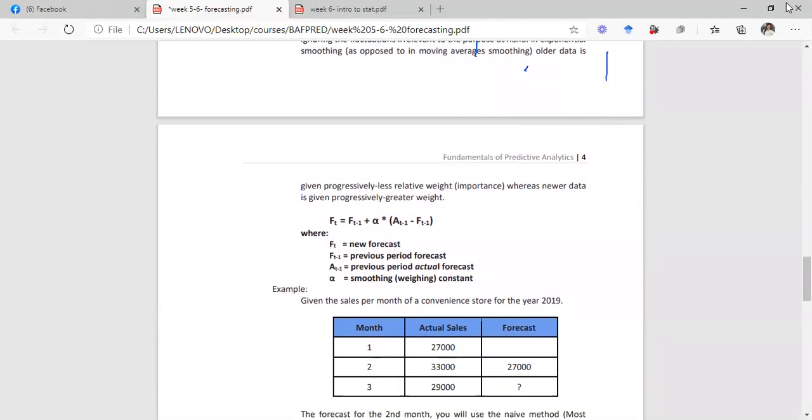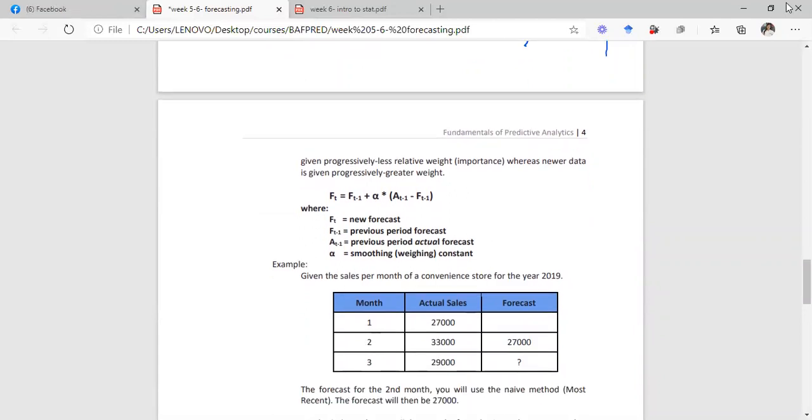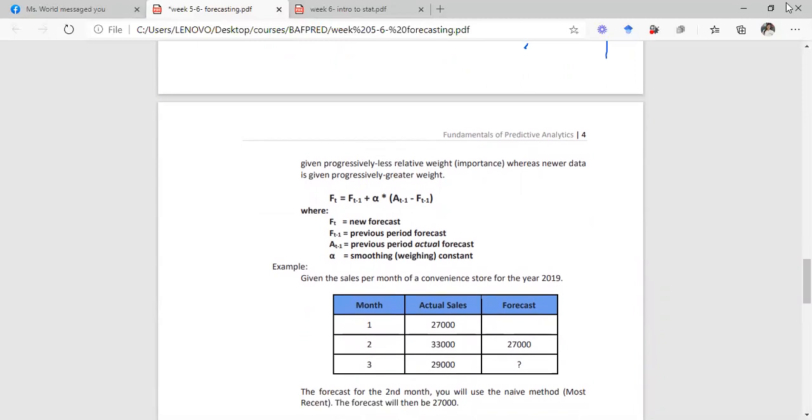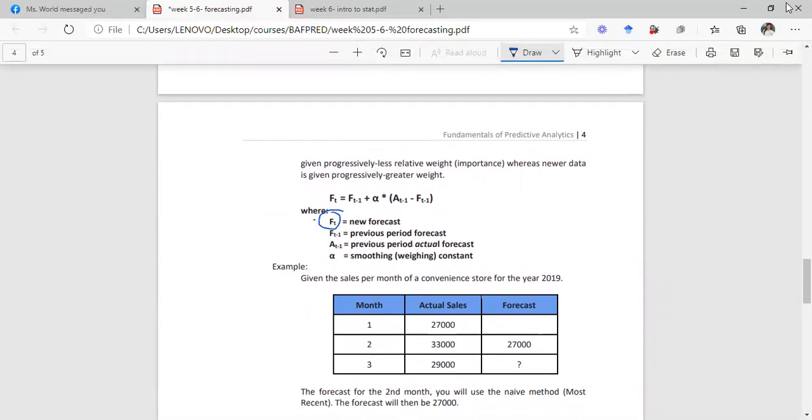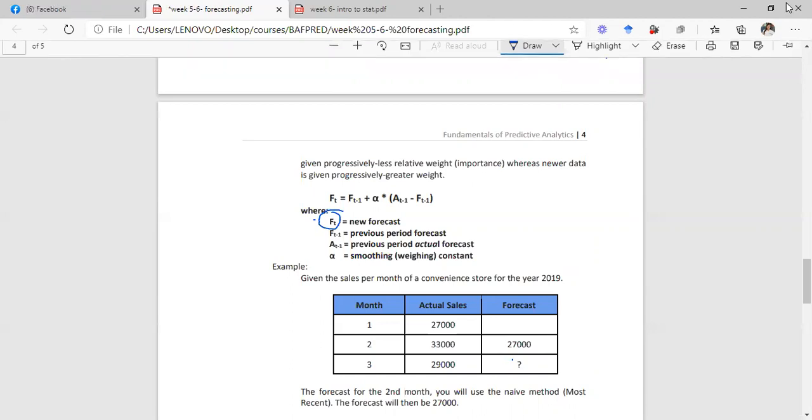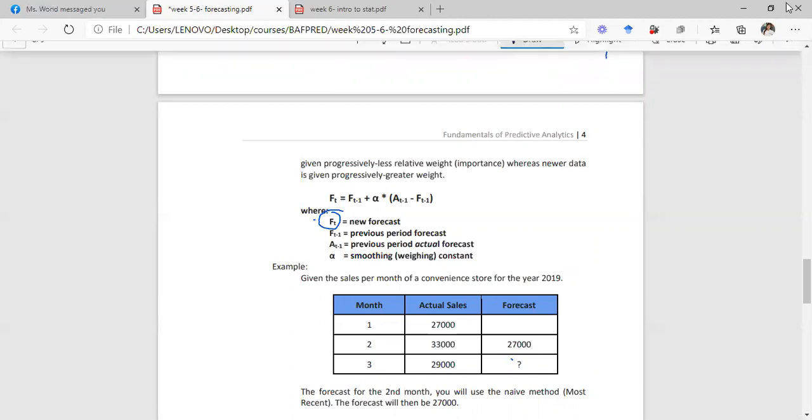So FT means the new forecast. That is what we will find out for each month. FT is equal to the previous period forecast. What is our previous forecast here? The previous forecast is 27,000.